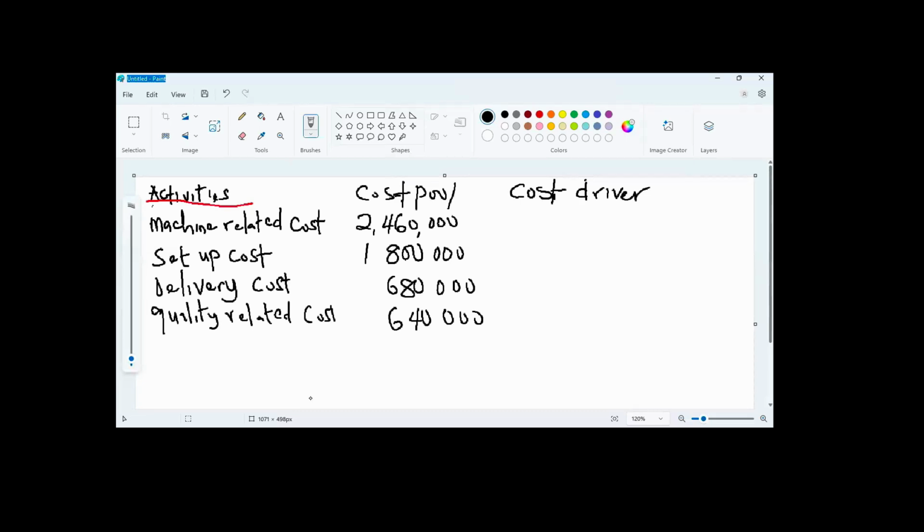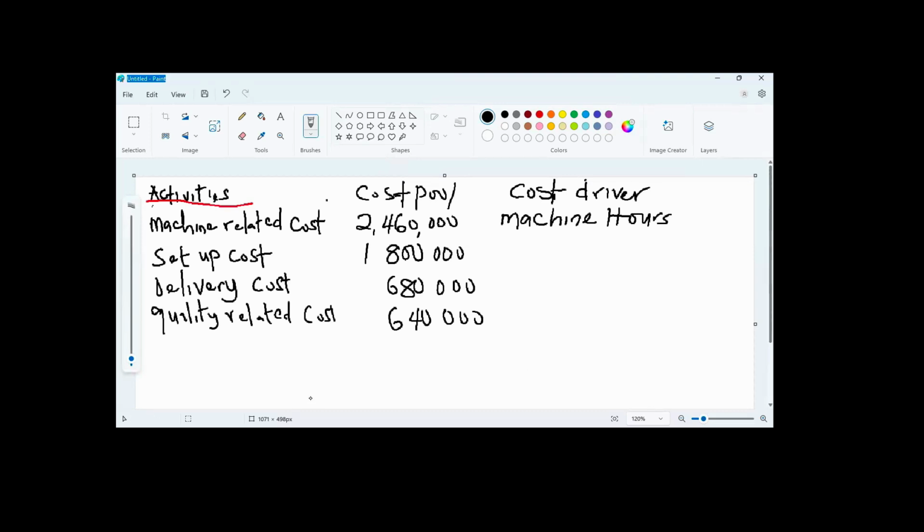If you run a generator from morning till night, the cost is different from using it for just 1 hour. So the cost driver for this machine is machine hours.